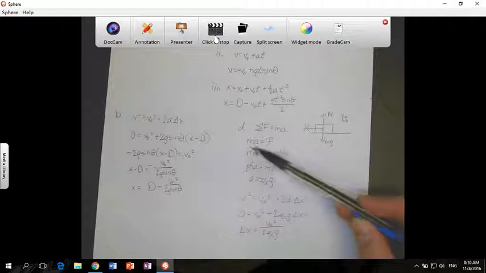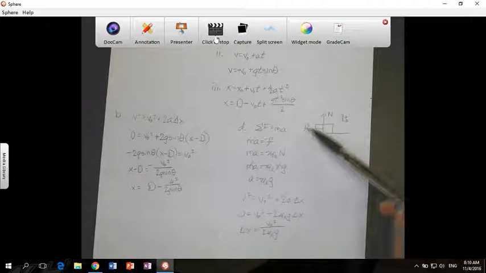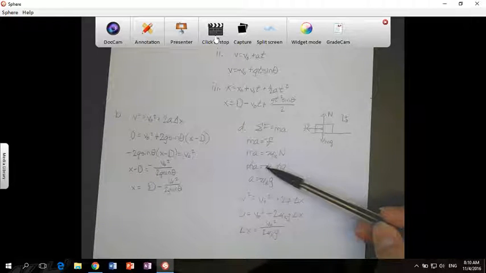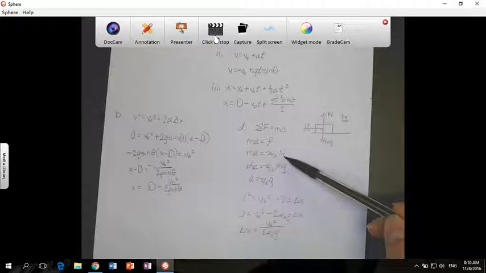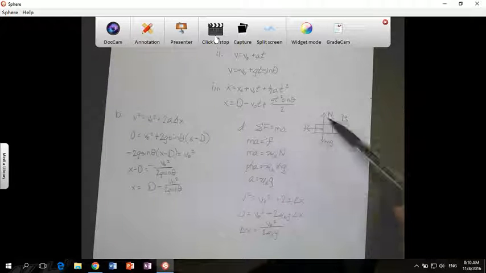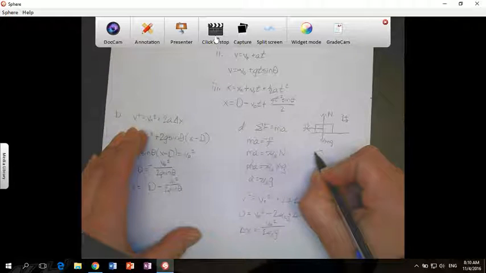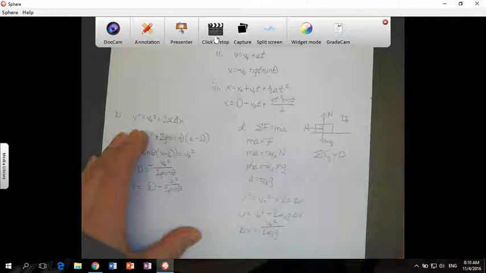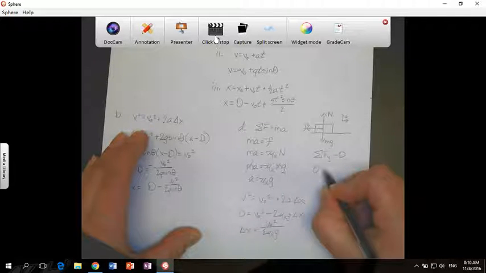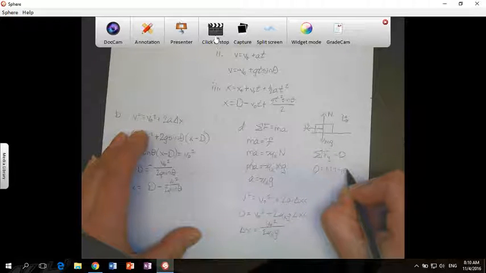So my mass times acceleration is friction. It's in the negative direction. And now I'm going to substitute in my formula for friction, my coefficient of friction that I was given in the problem, times the normal force. My normal force happens to be the weight because if I were to look at the sum of the forces in the y direction, the vertical direction, they're equal to 0. So 0 is going to be my normal force minus mg.